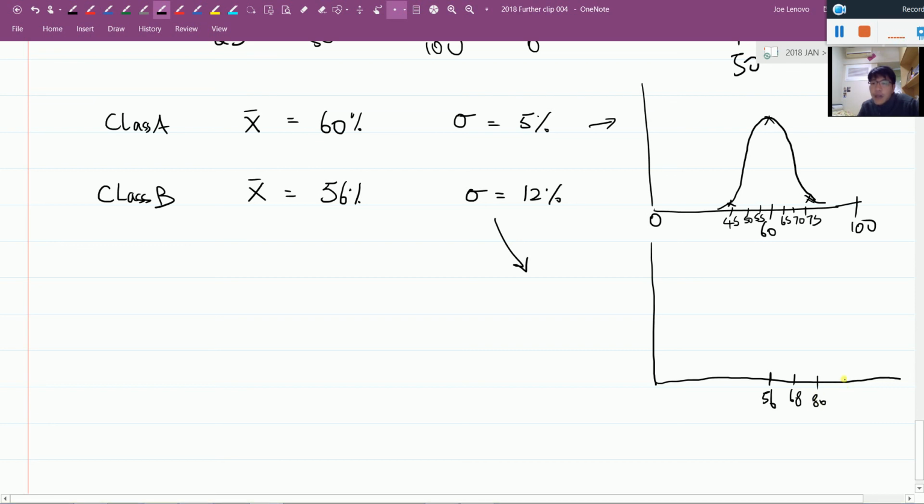And then another 12% would be 92. One gap, two gaps, three gaps. Going back, one gap, two gaps, three gaps. 56 take away 12 will be 44. 44 take away 12, 32. 32 take away 12 would be 20. And our graph will start from here, top here, and down there.